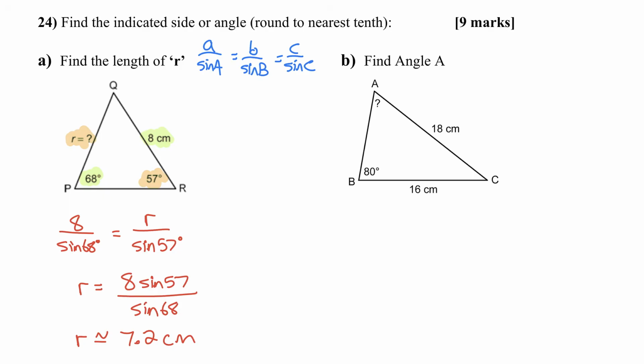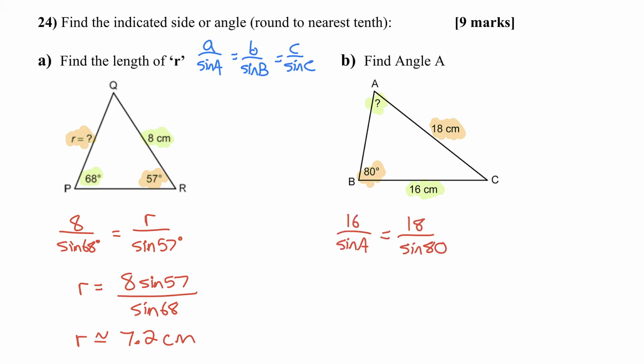Sine law also works when you know two sides of an oblique triangle and one of the angles opposite from one of the known sides. So it's across from the known side of 18. Sine law would tell me that 18 divided by sine of 80 would be equal to 16 divided by sine of A. So I'll set up those ratios.